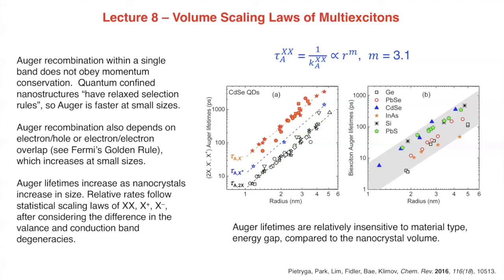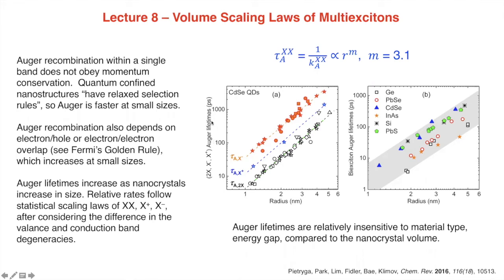And that's true regardless of size. You can see that for the biexciton, the positive trion, and the negative trion, as the particle gets larger and larger, the probability of the recombination drops. So a bigger particle has a longer Auger recombination lifetime. Notice the units here, picoseconds.